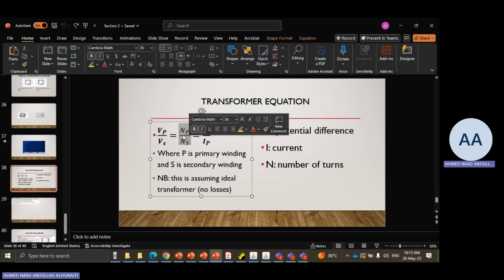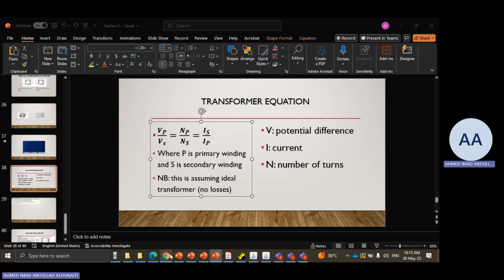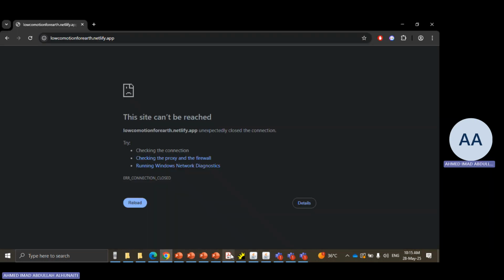We see that the turn ratio is equal to the voltage ratio. The only quantity which differs is the current. So current is the opposite. Moving on.